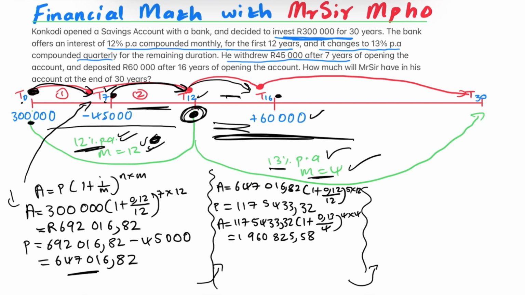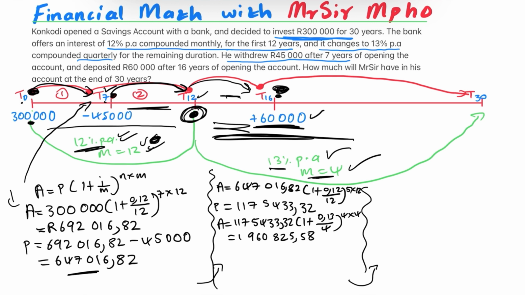So I wish you're going to get this money in the future, guys. But anyway, you have 1,960,825.58. That's how much you're going to have at T16 before you deposit 60,000 Rand. Does that make sense?